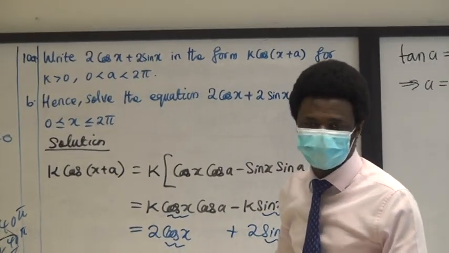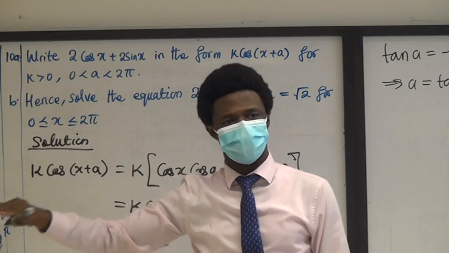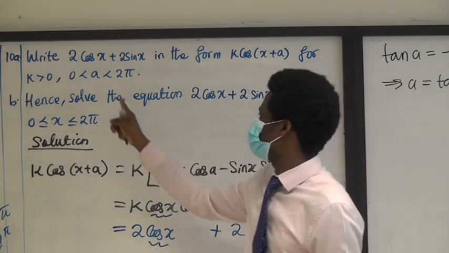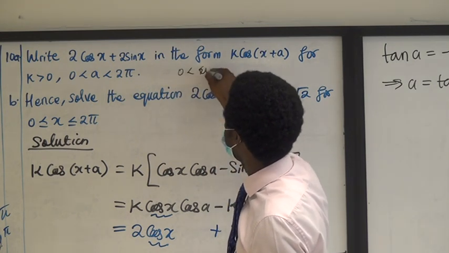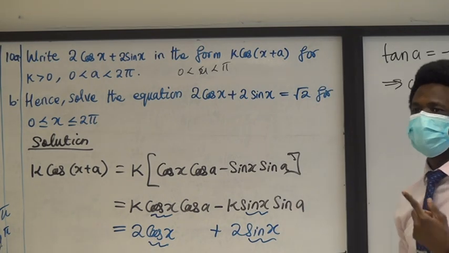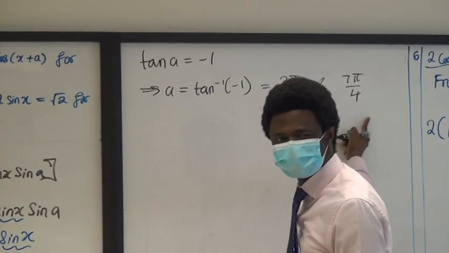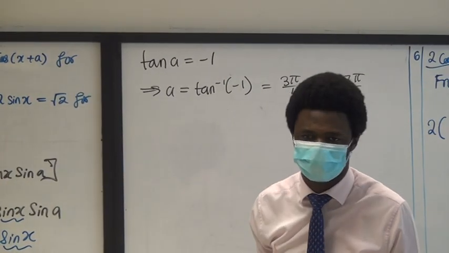But usually, from my own experience, it should be restricted to acute, 90. And if it is going to be negative, it will be restricted to something like between 0 and pi. So you are only making use of one of them, not two of them. Am I making sense? But now there are two options, so we proceed with two options.